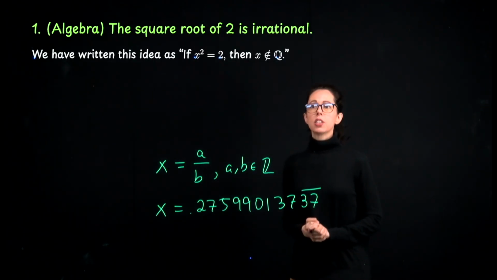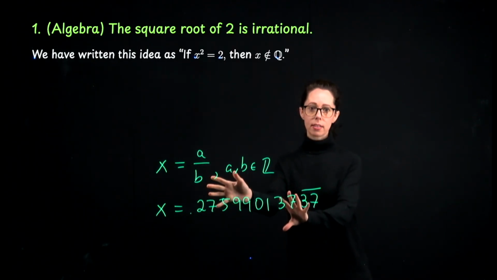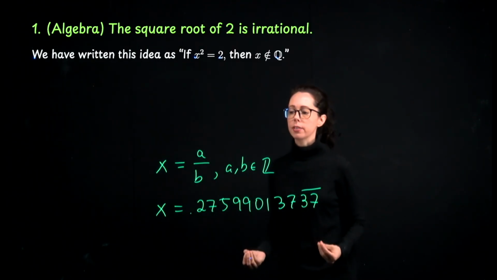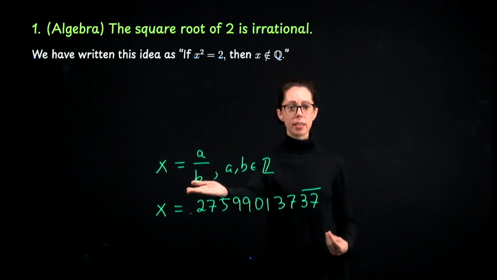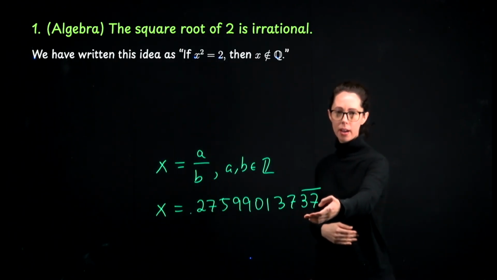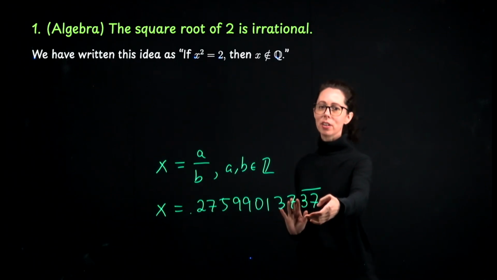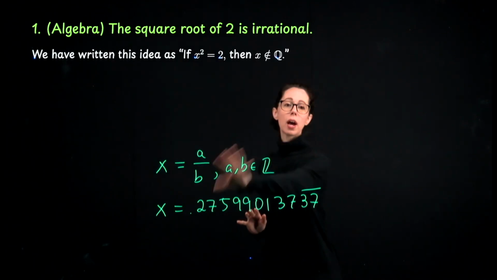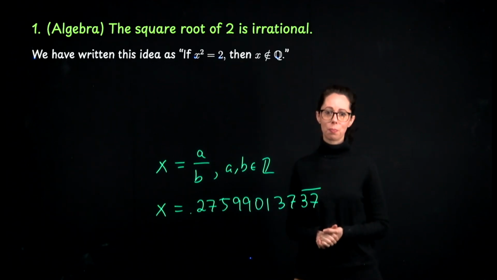To say that x is not a rational number means to say that this is not the case for x. So rational numbers are defined as ratios of integers or as decimals which eventually fall into a repeating pattern. Irrational numbers are all of the numbers which do not make these statements true.